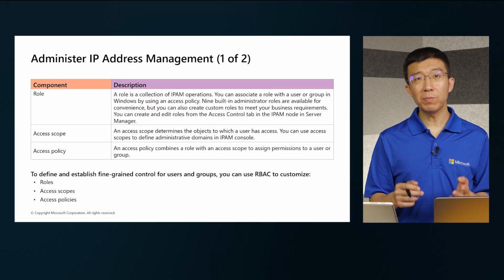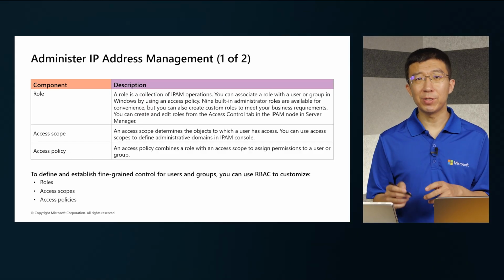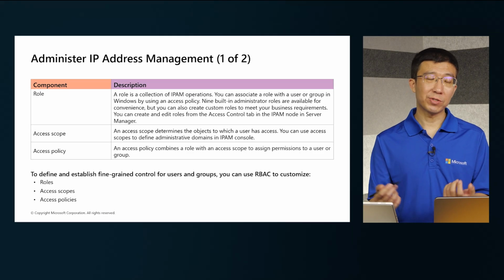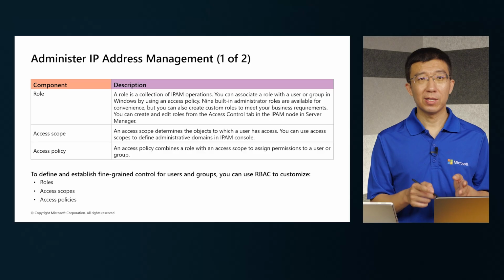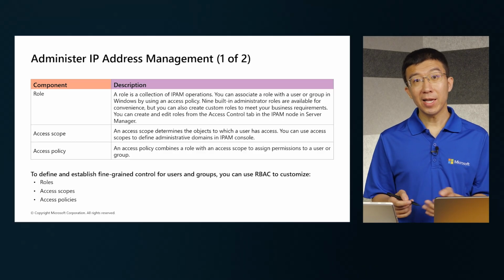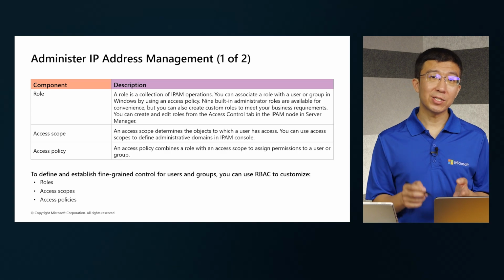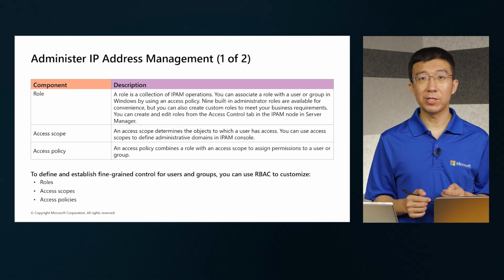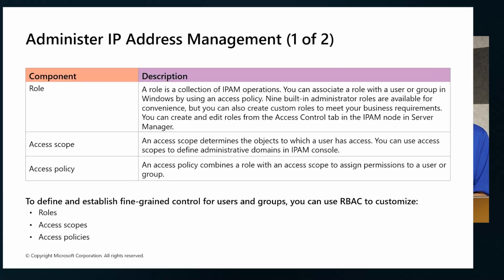IPAM uses role-based access control, RBAC, to define and establish fine-grained control for users and groups. You can customize roles, access scopes, and access policies. A role is a collection of IPAM operations that can be associated with a user or a group.